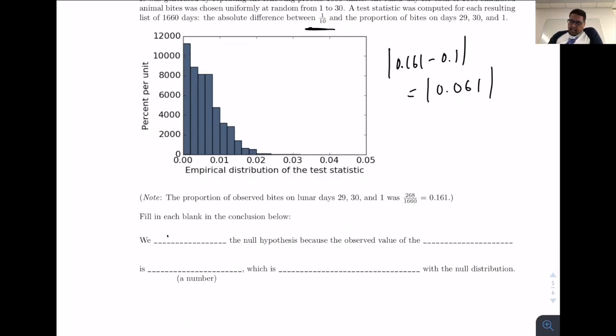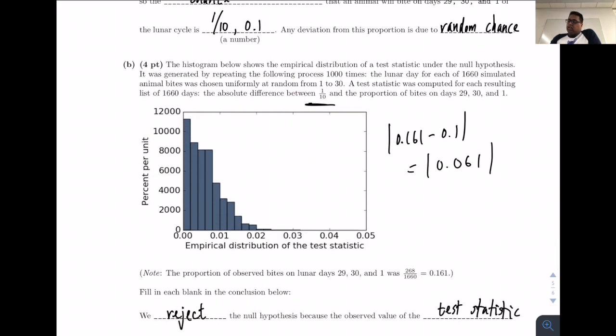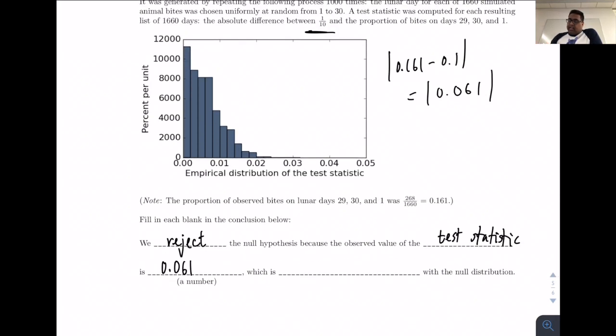We reject the null hypothesis because the observed value of the test statistic, the proportion of values that fell into that bin minus a tenth, our theoretical mean, which is 0.061, is inconsistent with the null distribution.